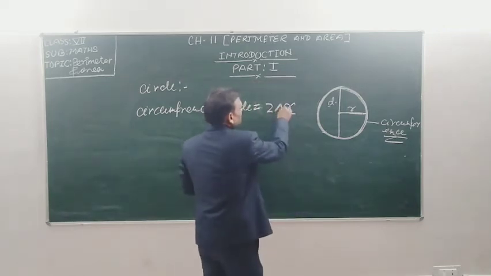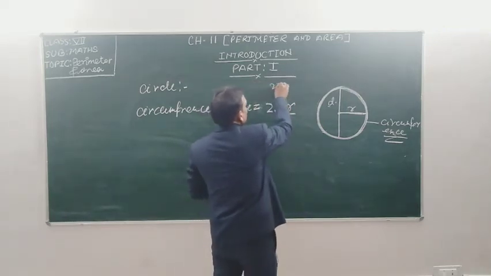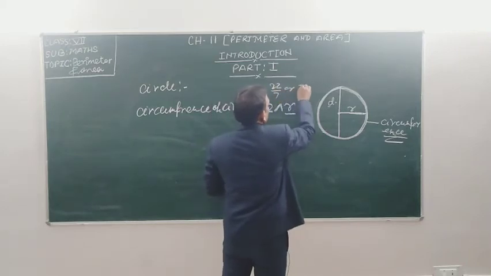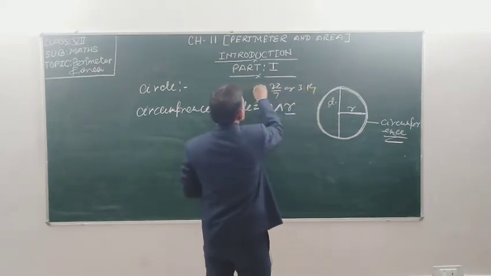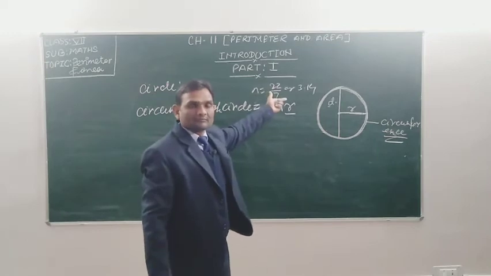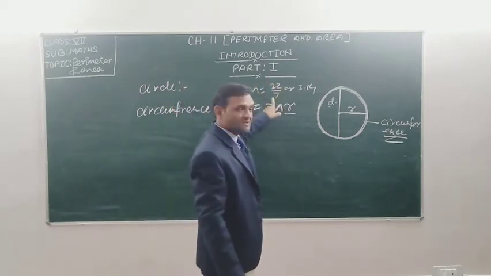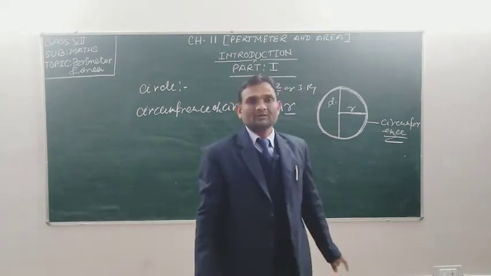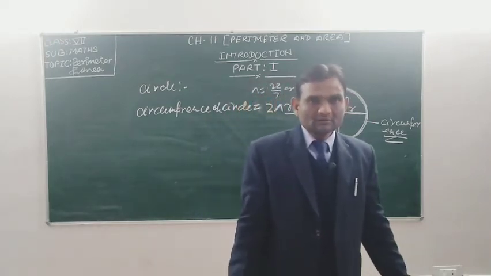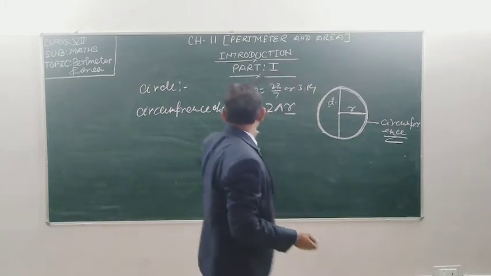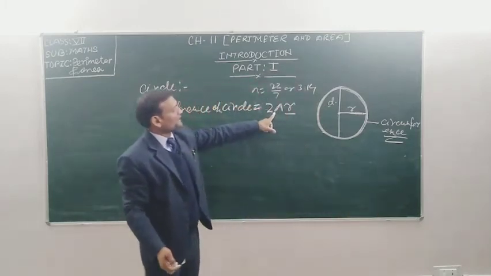Student, the value of pi is 22/7 or 3.14. This is fixed. In the place of pi, you can write 22/7 or 3.14 as you like. So, student, circumference of the circle is 2 pi r.